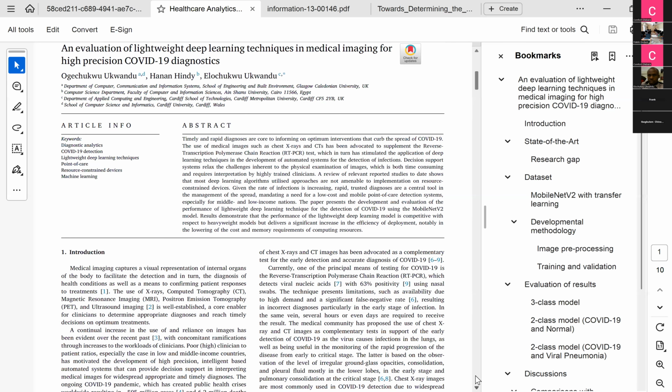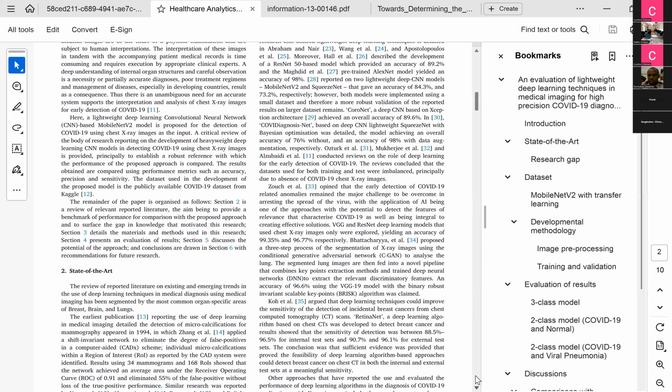This is part of the introduction, the state of the art, because one of the objectives of this work is to look at the state of the art in the use of deep learning in COVID-19 detection.